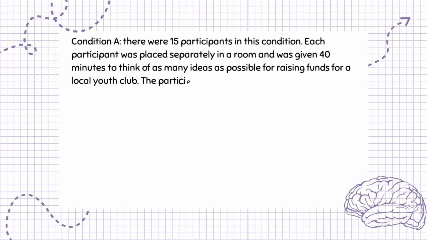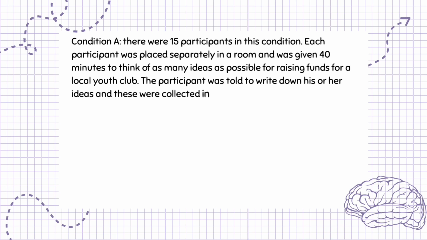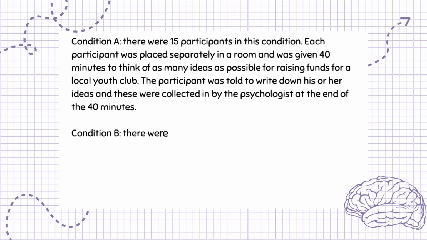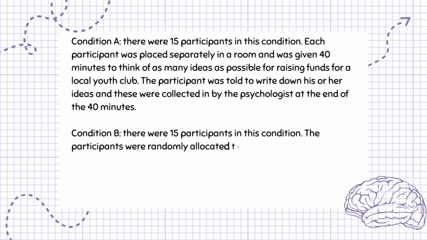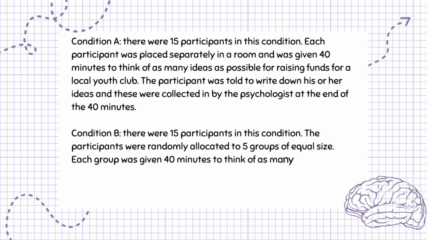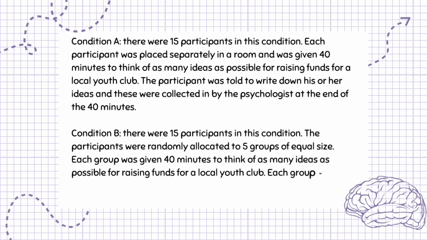The participant was told to write down his or her ideas, and these were collected in by the psychologist at the end of the 40 minutes. Condition B. There were 15 participants in this condition. The participants were randomly allocated to 5 groups of equal size. Each group was given 40 minutes to think of as many ideas as possible for raising funds for a local youth club.